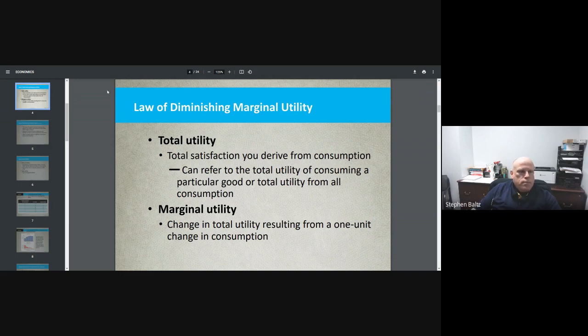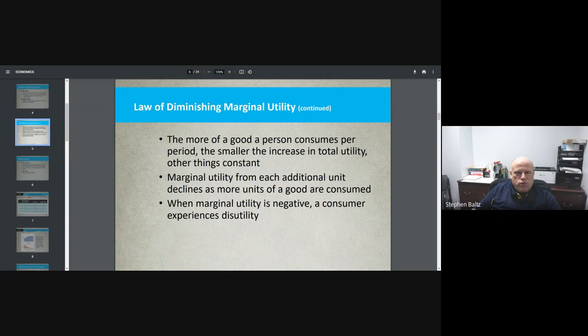Okay. That brings us to the law of diminishing marginal utility, which says that the more of a good a person consumes per time period, the smaller the increase in total utility, other things constant. Basically, as we consume each additional unit of a particular good, marginal utility is going to decline.